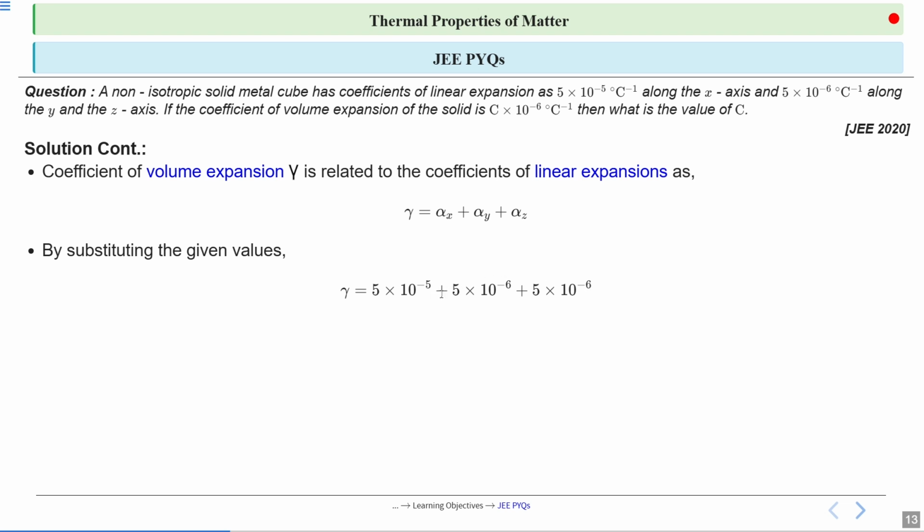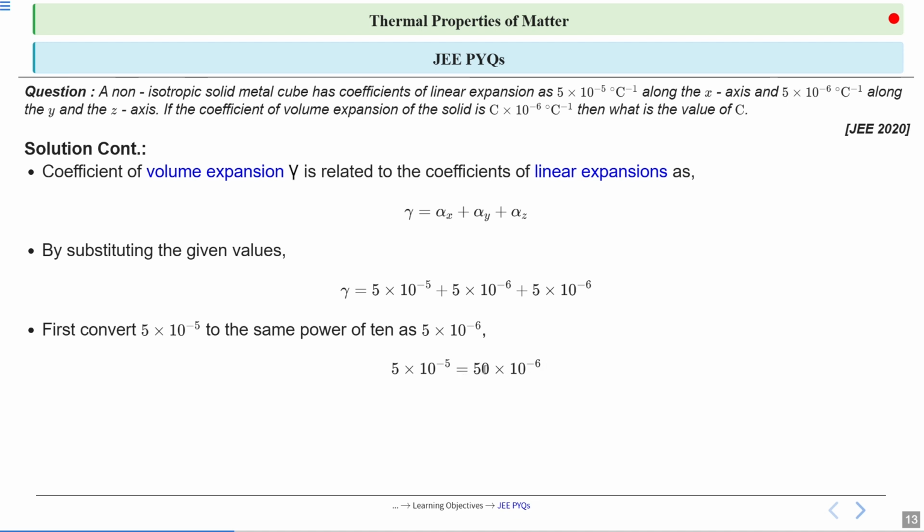So first convert 5 into 10 raised to the power minus 5 to the same power of 10 as 5 into 10 raised to the power minus 6. So 5 into 10 raised to the power minus 5 is equal to 50 into 10 raised to the power minus 6.